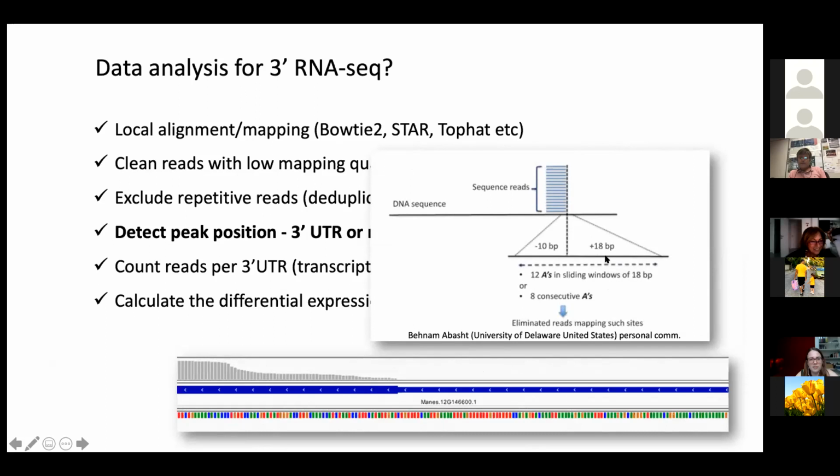And we discussed with Benjamin from the University of Delaware some strategies where we search for poly-A's with a sliding window and try to fish out these false positive hits, to eliminate peaks which are not really peaks coming from the poly-A from the processing.